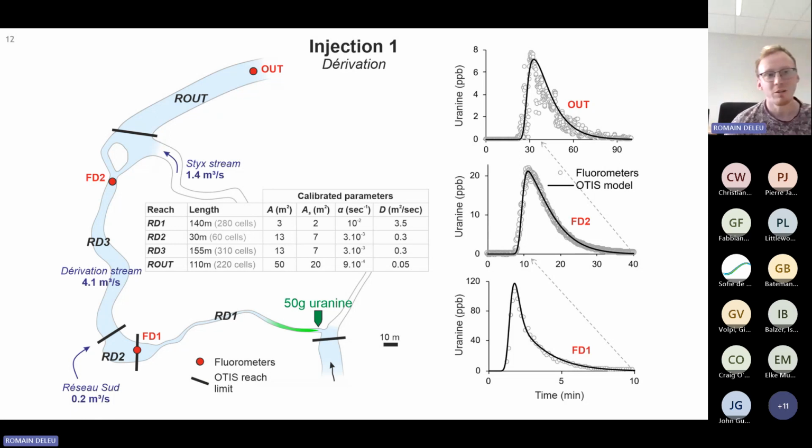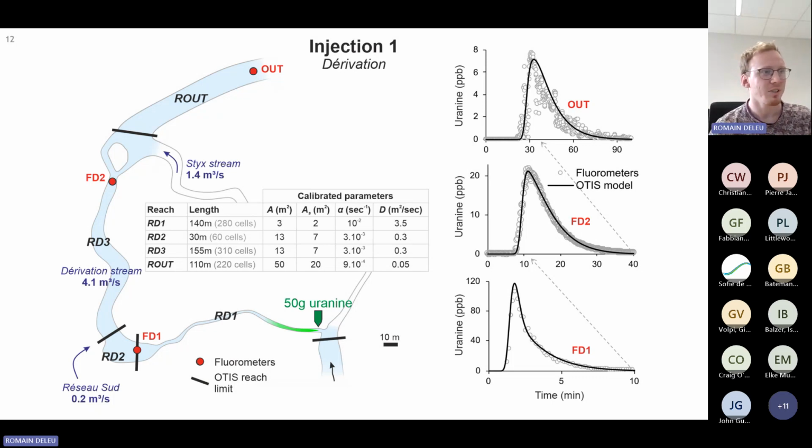And then we want to calibrate the model based on that. So we divide the stream into different reaches. We have RD1, RD2, RD3, and R out, which are different lengths. And we have the different parameters: section areas, alpha, and dispersion.